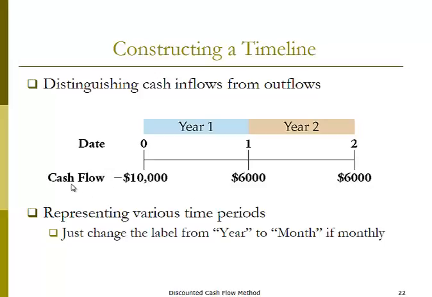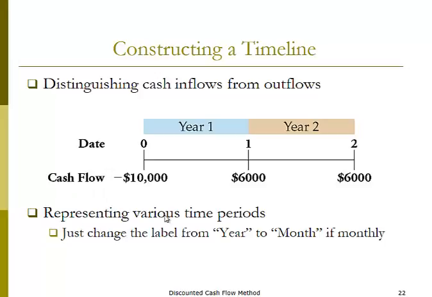So the opposite case would be you borrow today from the bank, then it will be positive, and in the future you have to make annual payments, then it will be negative 6,000, negative 6,000 for the case of a loan agreement, for example.